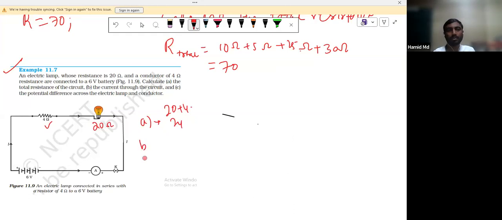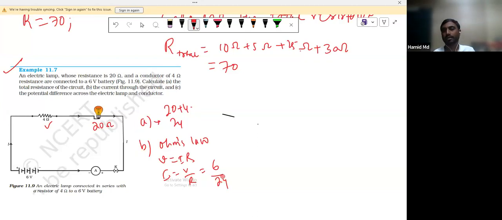What about B? We have to use Ohm's law. V is equal to I times R. So we already know V is 6. I will be V over R. So V we have 6 and R we have 24. 0.25 is the answer, ampere, for B, right? Everyone?